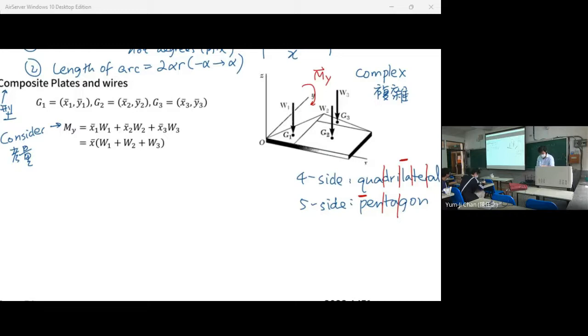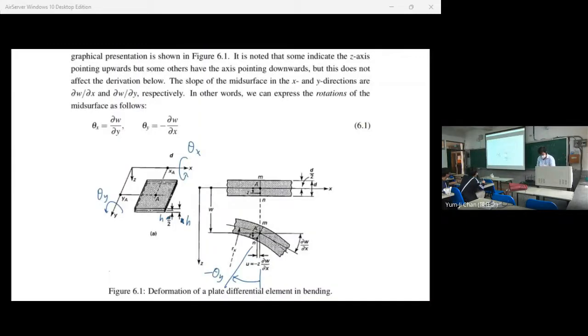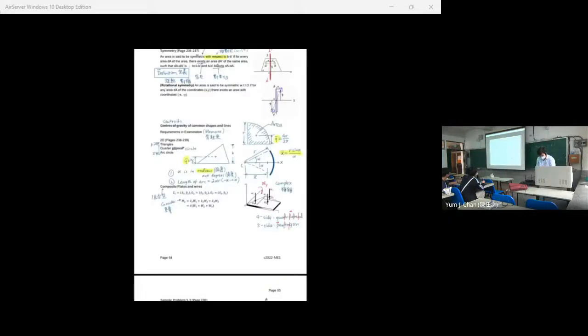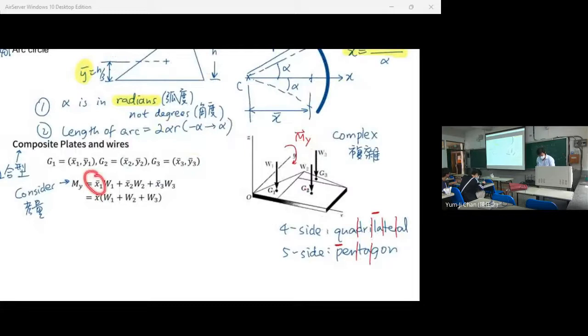So it is equal to moment arm times force, and moment arm times force, and moment arm times force. So this is x1 bar and this is x2 bar and so on.